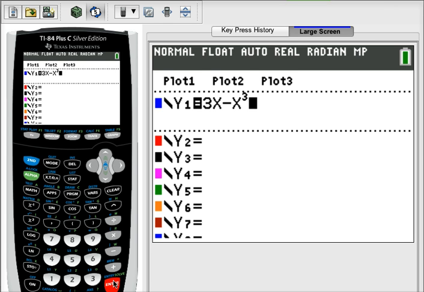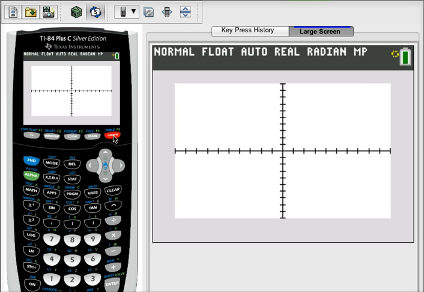So we have 3x minus x cubed, just like we should. All right, so next thing I'm going to do, I'm going to graph this. And notice, there it is. I have my graph.